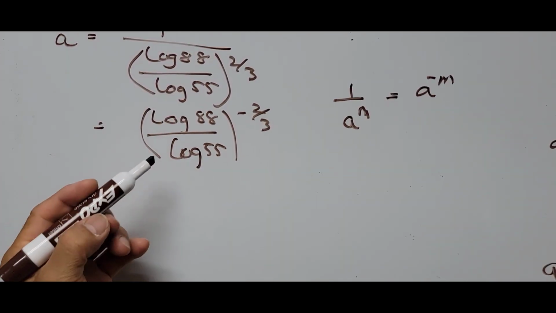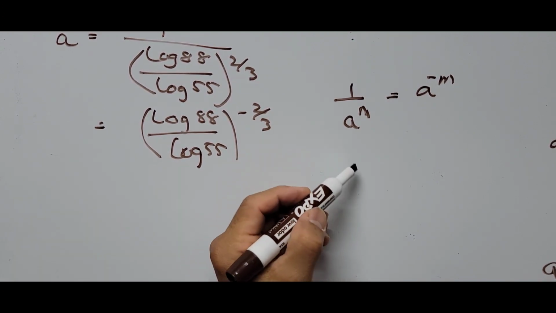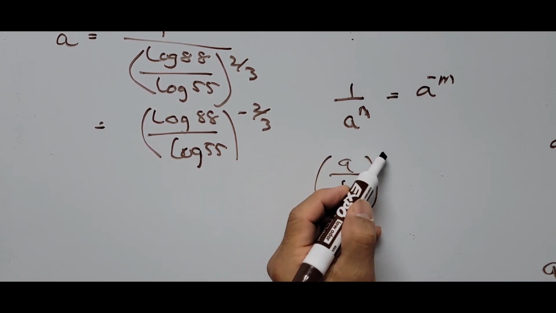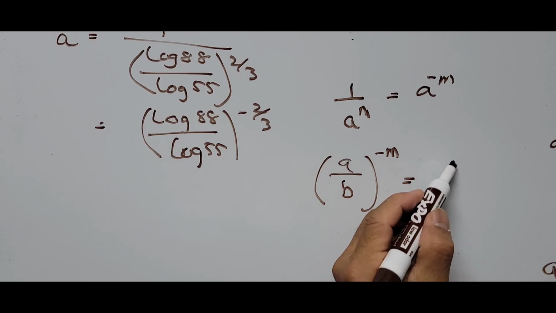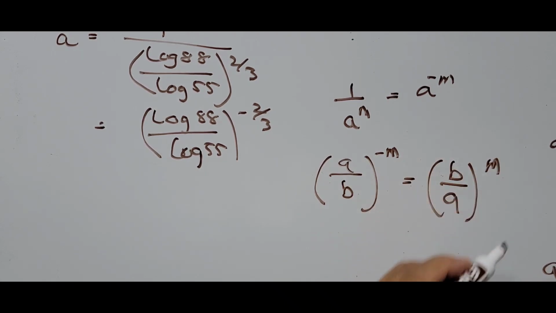And from here, since the exponent is negative, we'll be using another exponent rule. That is a divided by b raised to negative m is equal to b divided by a raised to positive m.